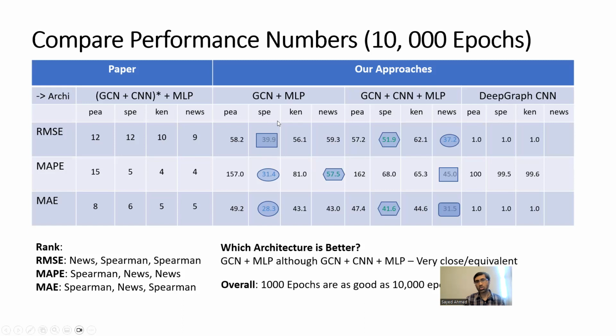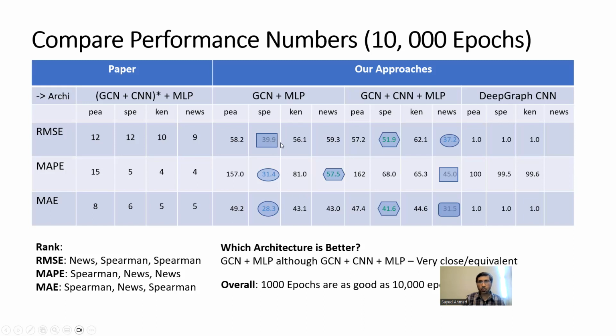This is 39.9, so GCN plus MLP came very close. But in other cases, it's probably evenly divided. It looks like it is hard to pick one.